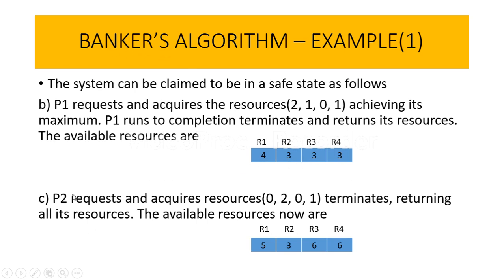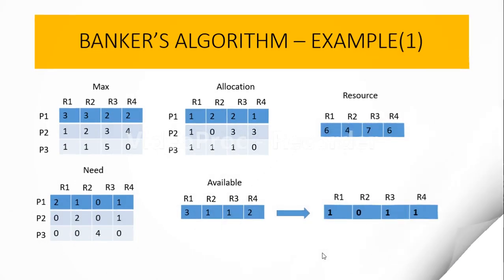Similarly, you check for P2. P2 is requesting 0 instances of R1, 2 instances of R2, 0 instances of R3 and 1 instance of R4. After getting the resources, P2 is going to complete its process, terminate and release all its resources. Already here I am giving you the total available resources. How did we get this? Let us have a look.